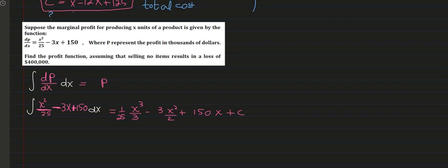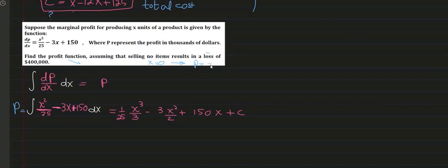Now the second part of this problem is to be able to find the full profit formula, where we find the profit function. We have already done this, assuming that selling no items. No items means that the number of items is what? 0. In a loss of 400,000, and this selling of no items results in a negative profit, because it says a loss.